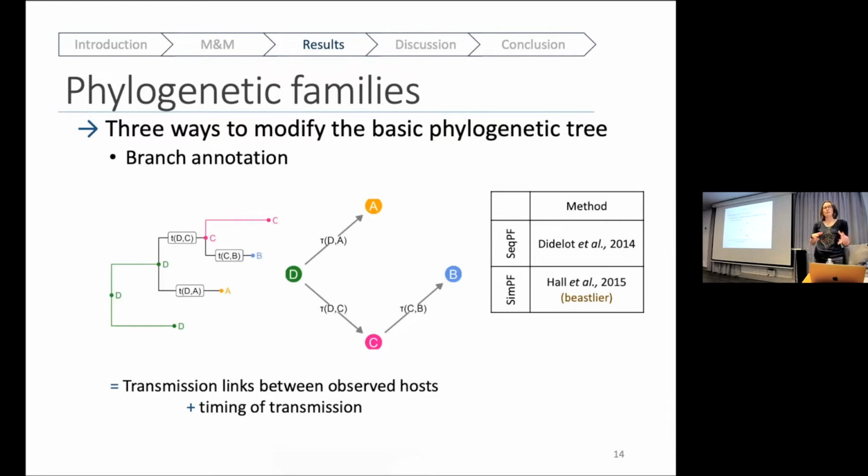In this type of way to modify the basic phylogenetic tree, we attain a timed transmission tree. This was used in Duault's work in 2014 and in Hell's Base later.